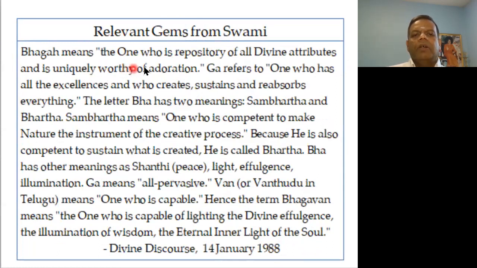Bhaga means the one who is the repository of all divine attributes and is uniquely worthy of adoration. Ga refers to one who has all the excellences and who creates, sustains, and reabsorbs everything. The letter Bha has two meanings, Sambharta and Bharta.